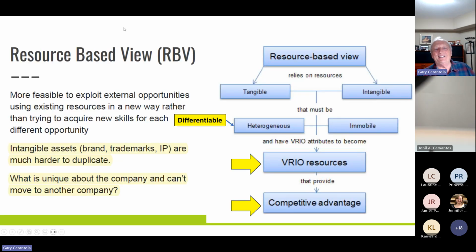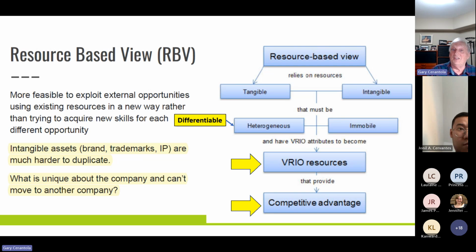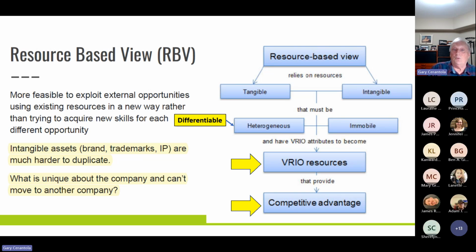Okay, so I'm finally going to talk to you about VRIO. And really what you're looking at is the view from the resources point of view. You take a look at what are some of the tangible resources. Well, if you take a look at electric vehicles right now, the battery producers out there are trying to lock in the best lithium sources they possibly can, and run exclusive agreements with lithium suppliers. That's tangible.